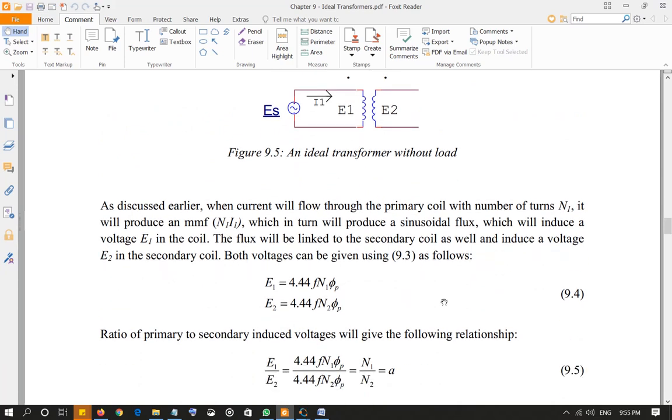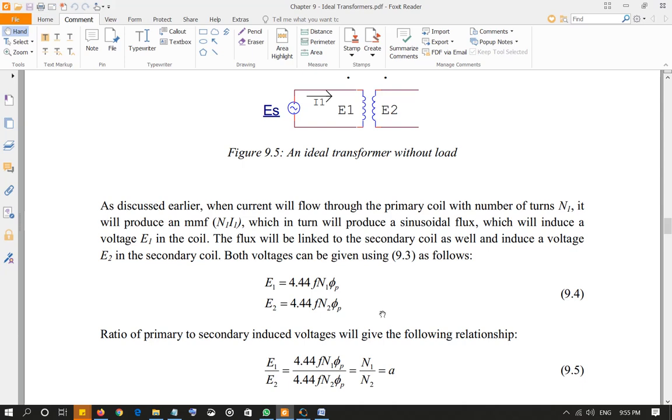Actually, we solved a problem based on this, that the magnetomotive force that will be produced by the primary coil and the secondary coil, basically you can calculate those as N1 times the current that is running in the primary coil and N2 times the current that is running in the secondary coil.